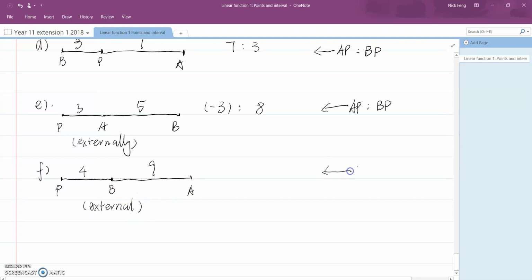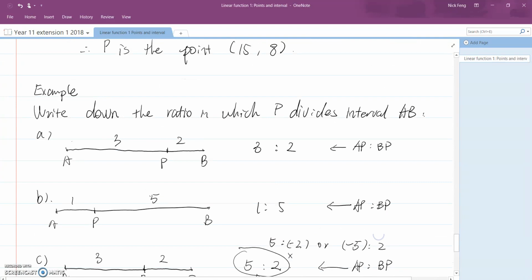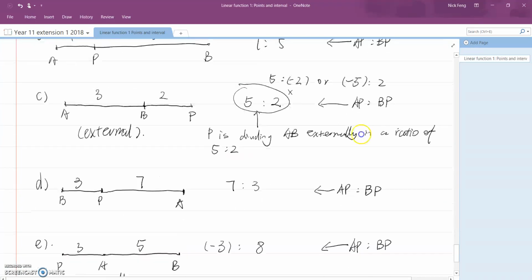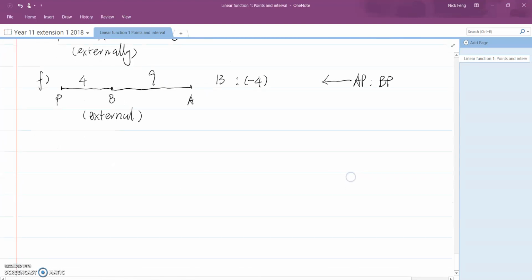Do you remember? It's still AP to BP. So AP is, if you can see, the length here, it's 13. And BP is just 4. And again, you need to put one of them negative as the ratio. Okay, now that concludes everything we have done in linear relationship, linear functions 1.